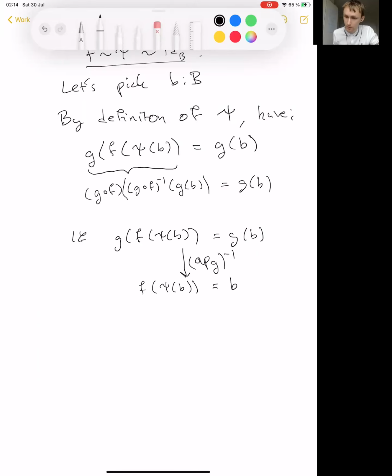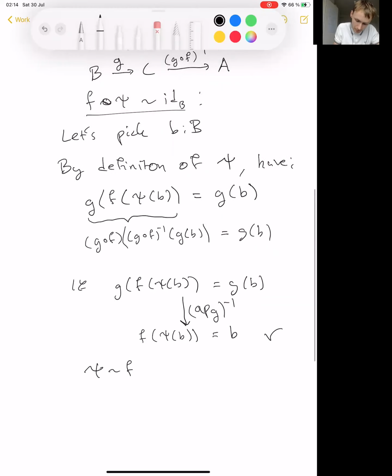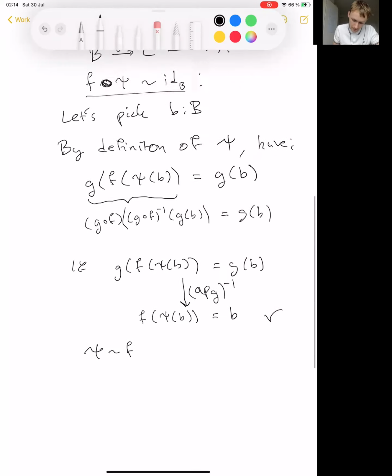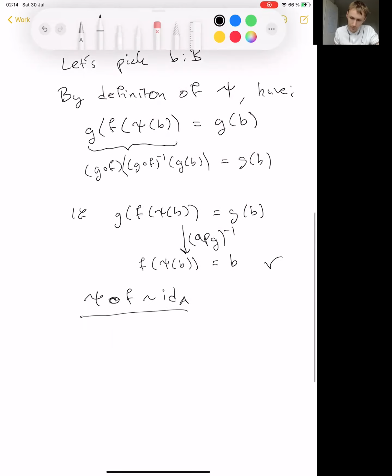And that's what we wanted to show. So we're done with this direction. And for psi, sorry, what did I write up here? Oh, I made a typo, sorry. Should be composition here. Psi composed with f homotopic to the identity on A. Well, actually, this is by construction.